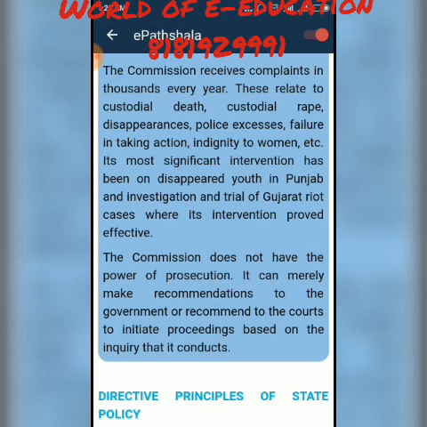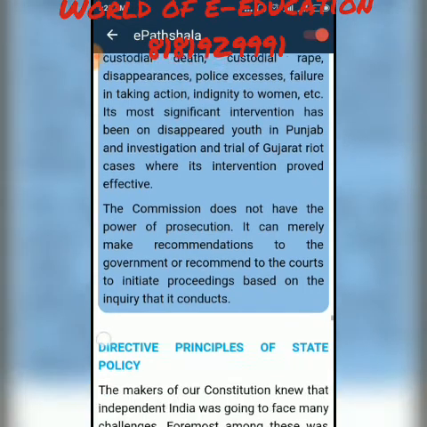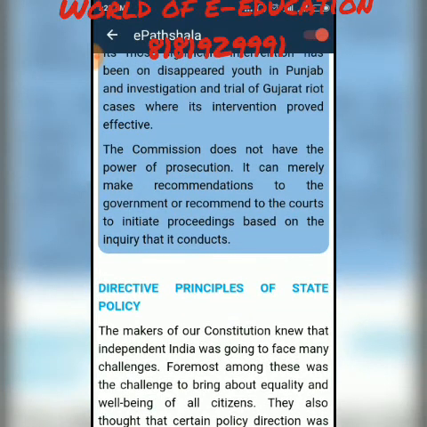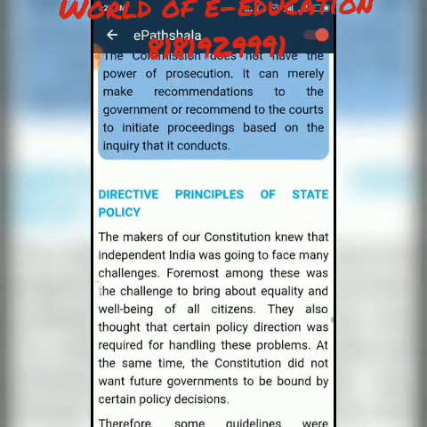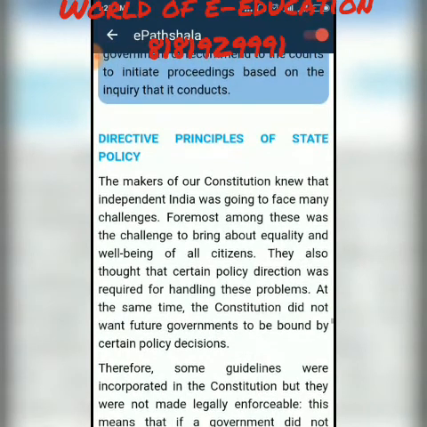The Commission does not have the power of prosecution. It can merely make recommendations to the government or recommend to the courts to initiate proceedings based on the inquiry that it conducts.